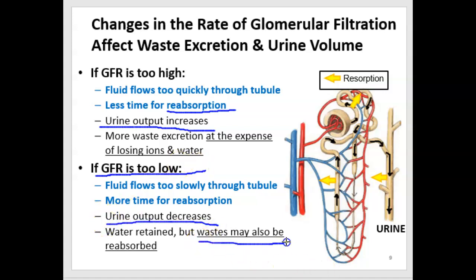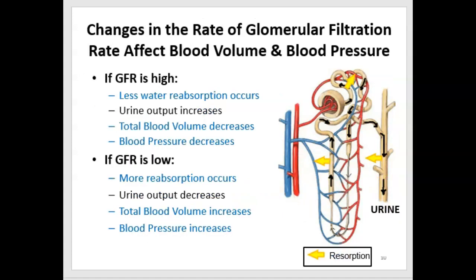But wastes might be reabsorbed. You're going to do a lot more reabsorption. So we are able to change, as I mentioned, this glomerular filtration rate within a narrow range.